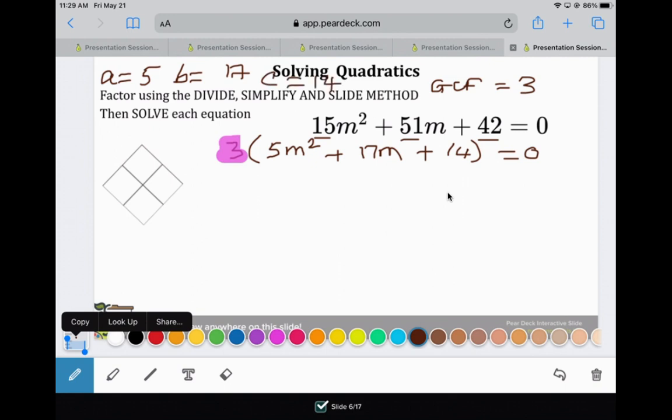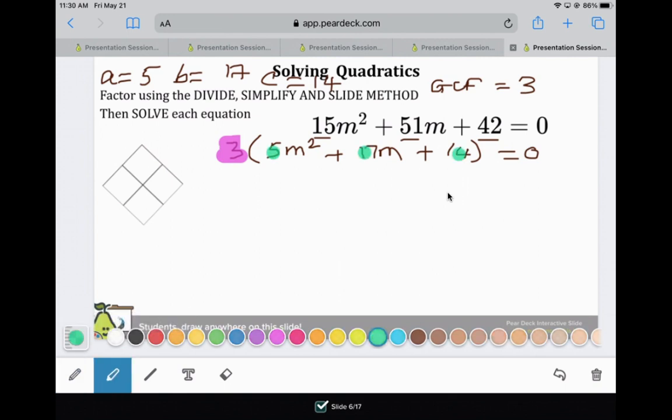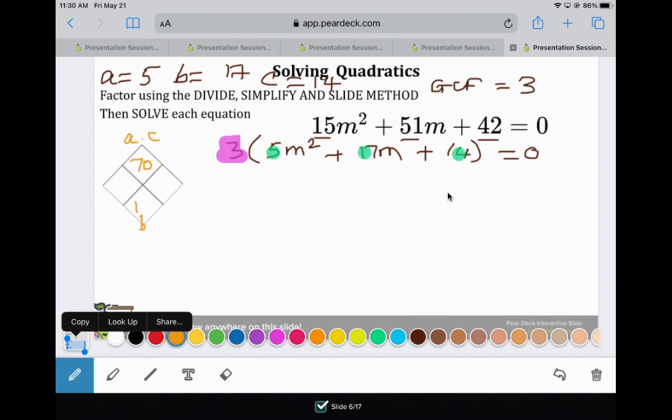If this is something that you forgot, you need to see me for help because we definitely need this. You need to know how to factor it out. So the top up here is A times C. The bottom is B. So A is 5, C is 14. So 5 times 14 gives you 70. This one is 10.